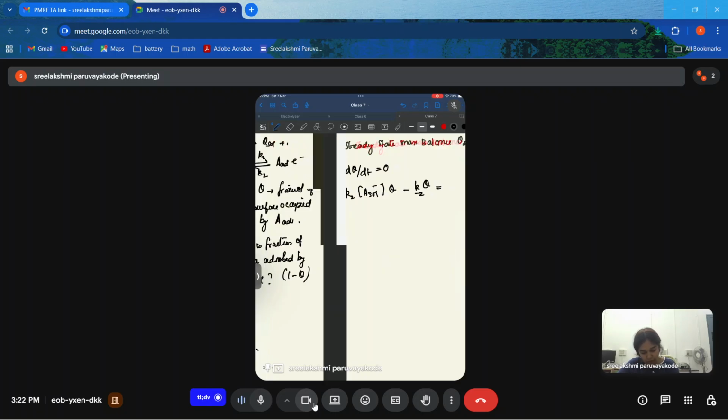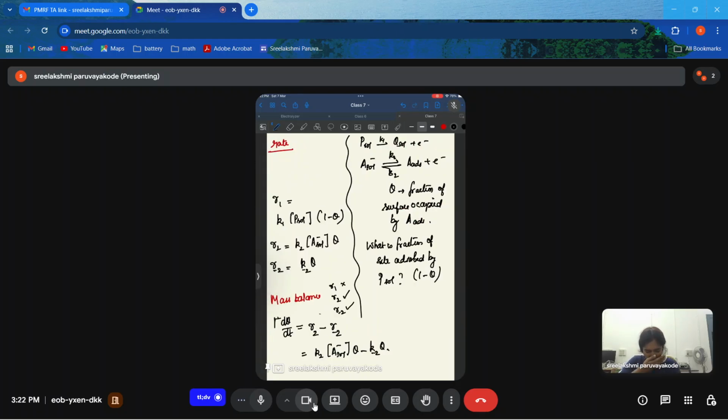I'm really sorry. I have made a mistake here. I didn't notice it, I just noticed it now. See, theta is the fraction of surface which is occupied only by A adsorption. So what is the fraction of site available to P solution? 1 minus theta.